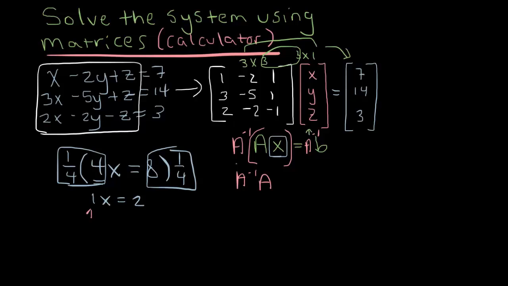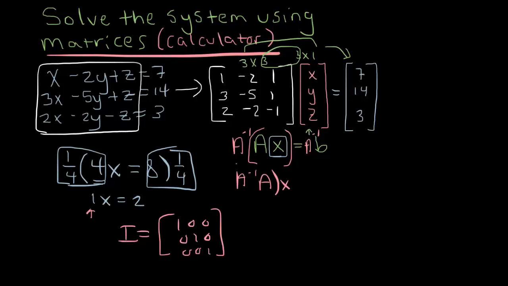So 1 is the identity when we're multiplying numbers, but for matrices, the identity is the matrix with the 1, 0, 0, 0 and so on. Let me write it over here. That acts as 1 in 3 by 3 matrices.